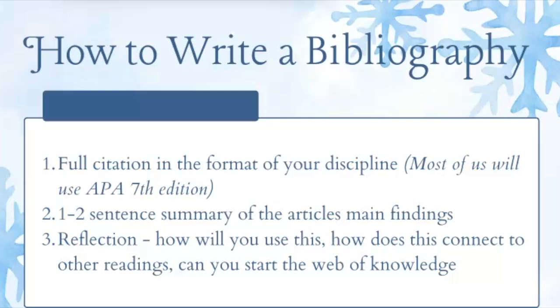Dr. Meriker recommends this, and this really is a great practice to start incorporating into your work, is just reflecting on the articles you read, thinking about how they connect with each other, and essentially you really want to start creating this web of knowledge, and reflection is going to help you do that well.